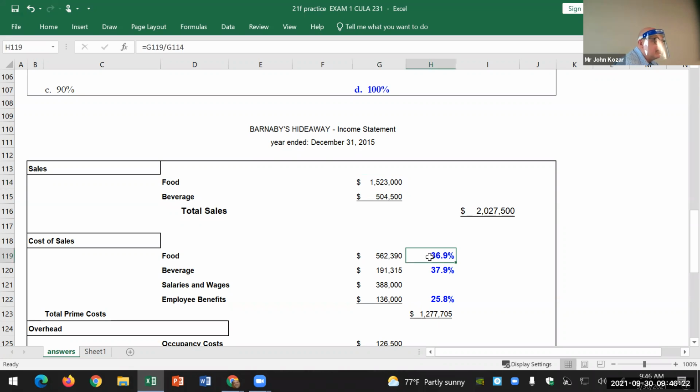I get 36.9% for that. Now, I always want these out to 0.1%. So when I click on this, it shows what I'm dividing and what I'm dividing by.